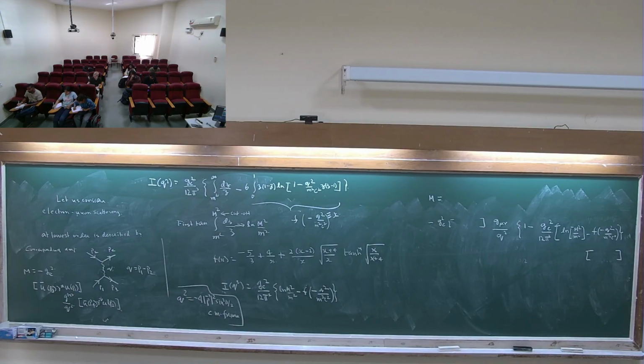But then this looks absurd, that the matrix element has become something that is divergent. So what to do about this?